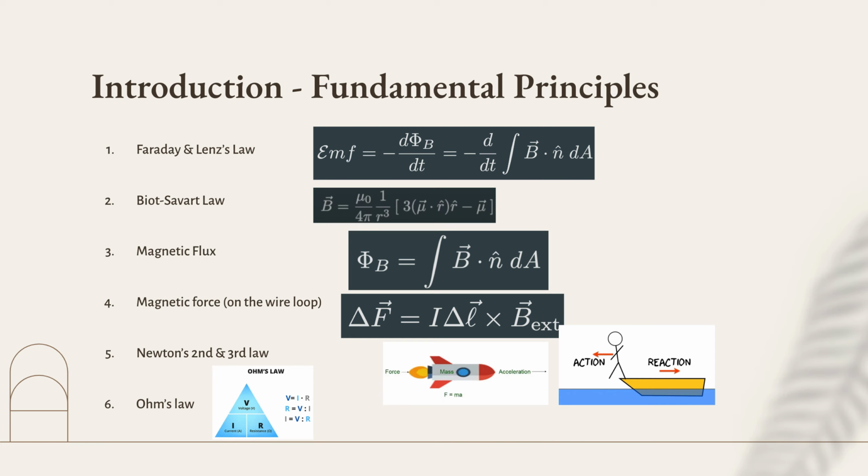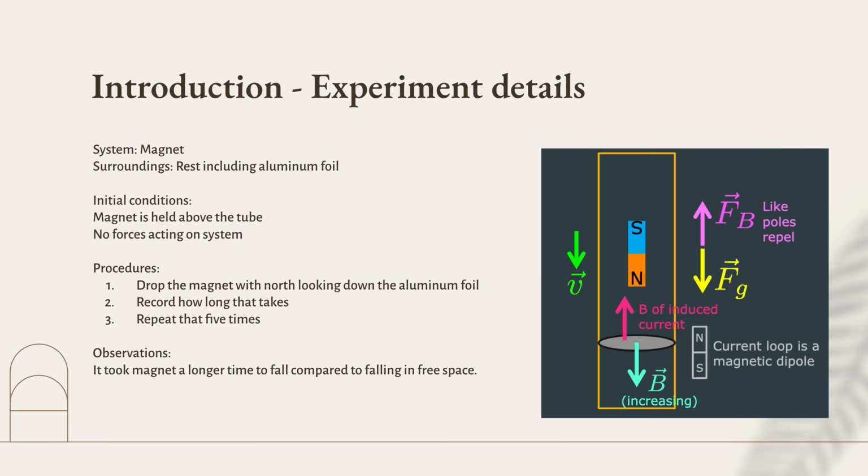Magnetic flux in this experiment describes a measure of how much magnetic field passes through an area. Magnetic force describes the force made by magnetic pole. Newton's second and third law describes that force equals mass times acceleration, and amount of force equals the amount of reaction. Lastly, Ohm's law describes the relationship between voltage, current, and resistance.